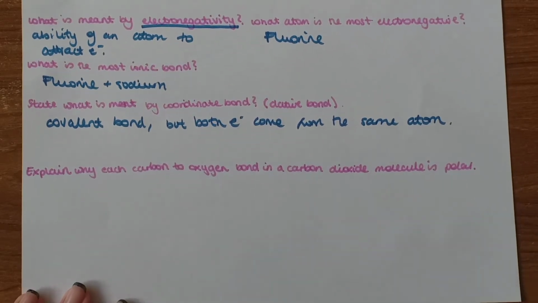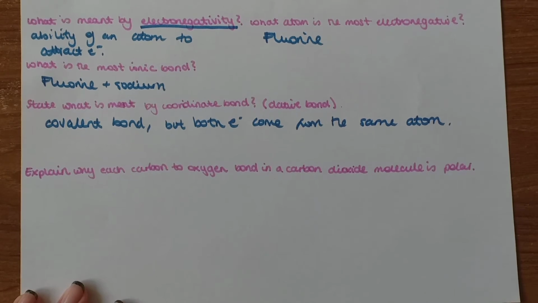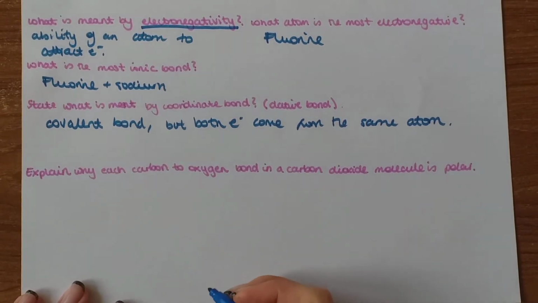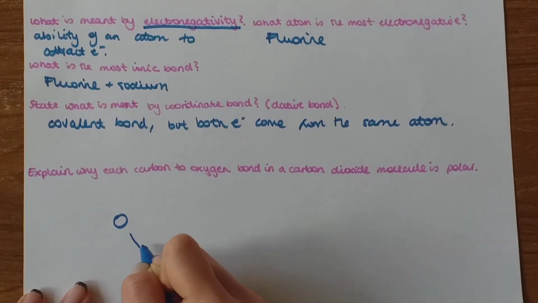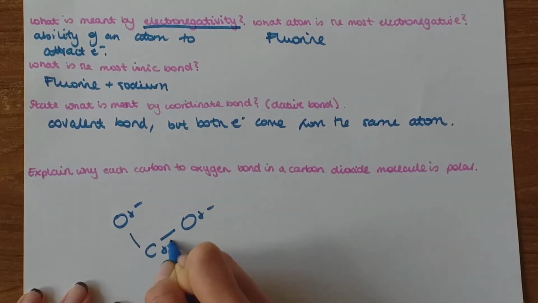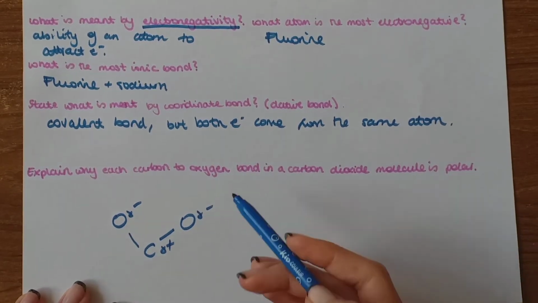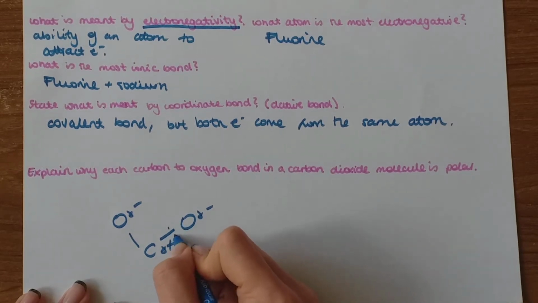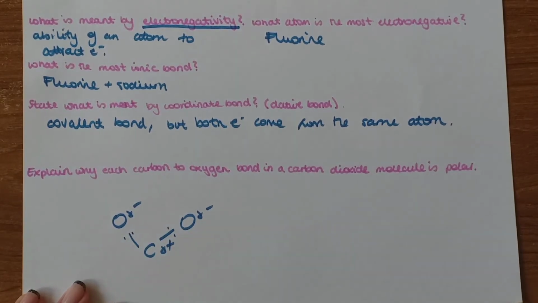So next question says, explain why each carbon to oxygen bond in a carbon dioxide molecule is polar. The atoms are polar when one of the atoms has bigger control over the electrons than the other.